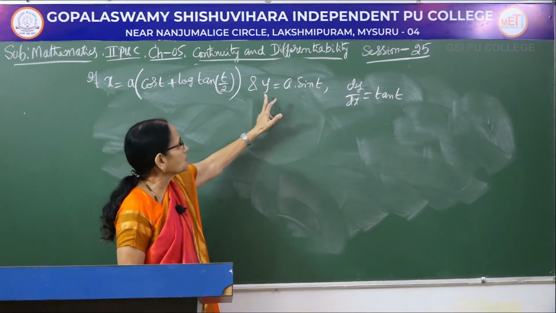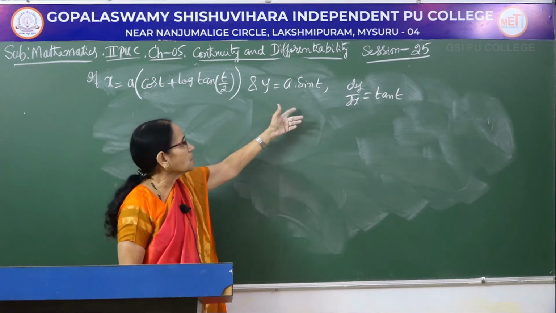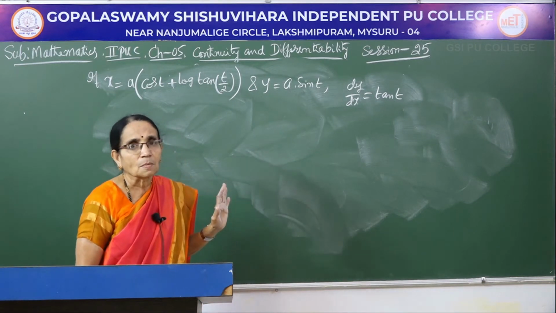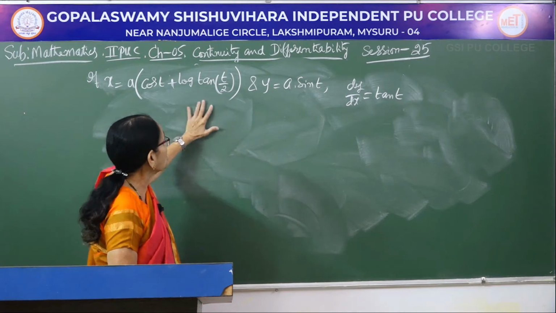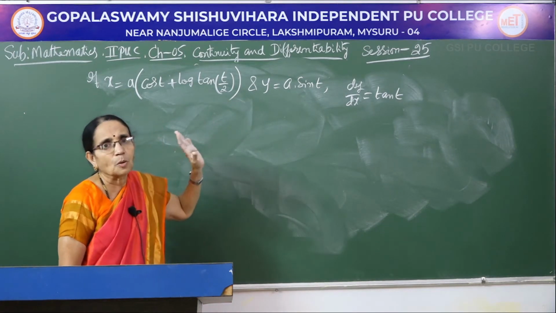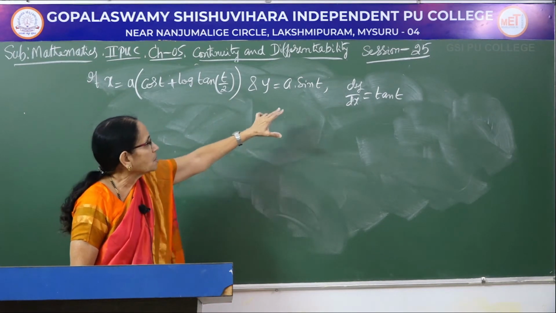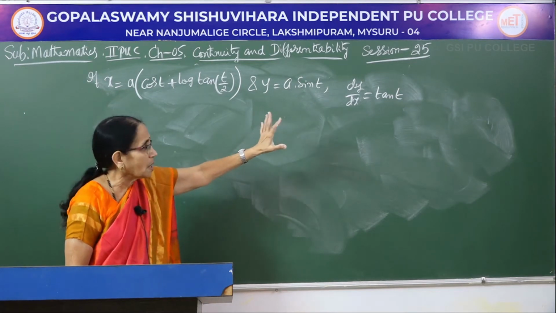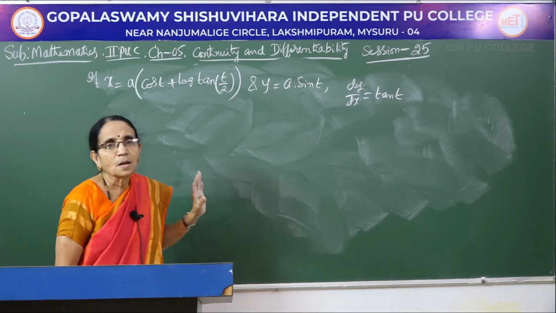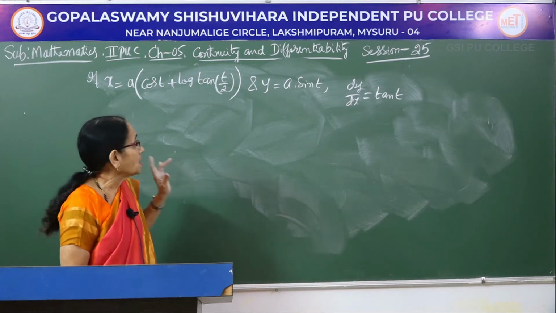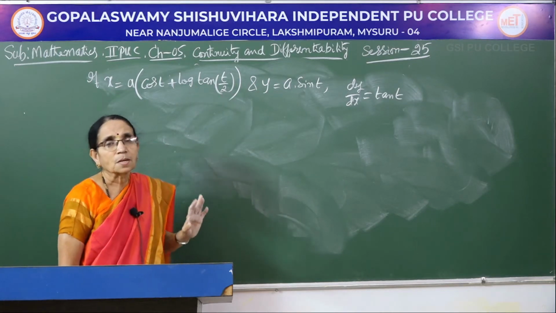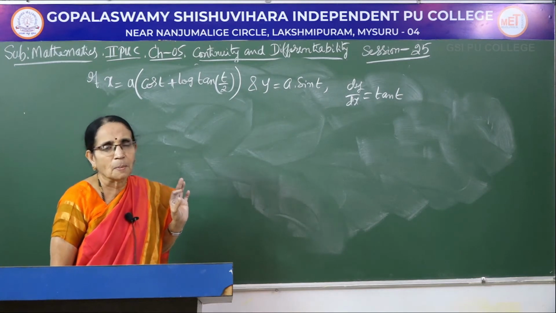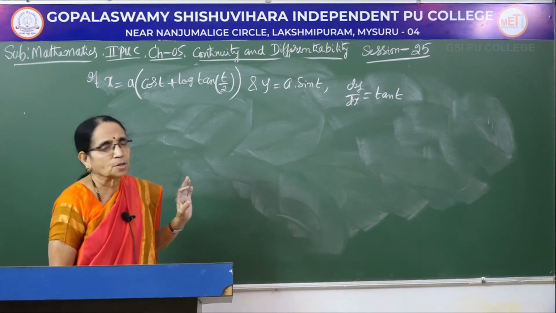So when you differentiate y with respect to t, it is a into cos of t. That is easier. So we need not worry at present about the derivative of this one. This has to be differentiated properly. Look here, it is the sine of t, whole angle, tan of t, whereas here we are having the half angle. And another thing is log of tan of t by 2. It is not a simple function, it is a composite function.